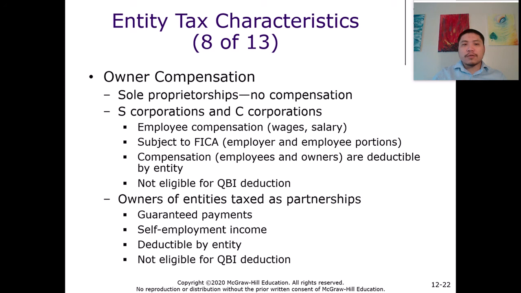Let me rephrase: the corporation is responsible for paying the employer portion of FICA taxes for the employees. Yeah, that's what I meant.